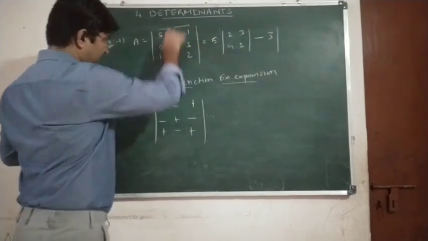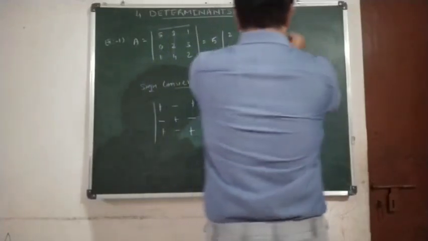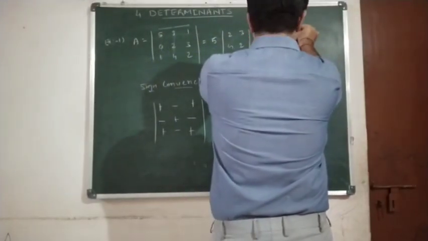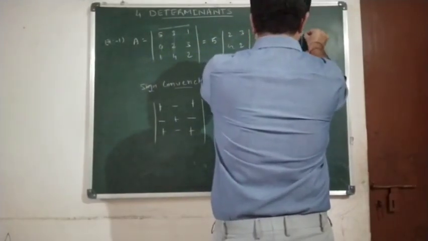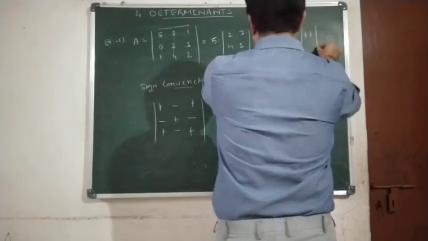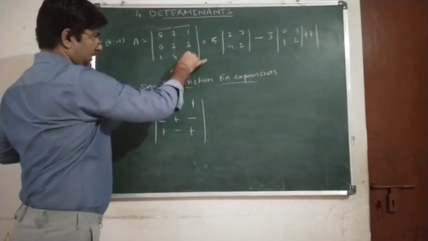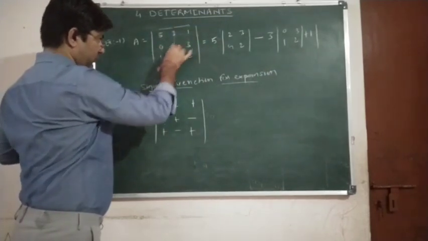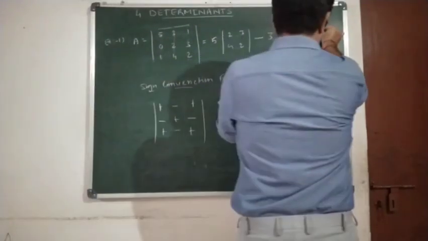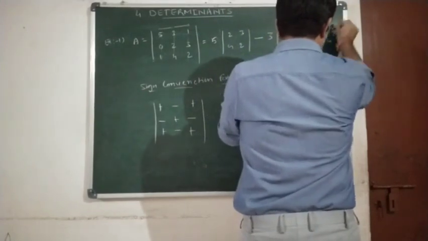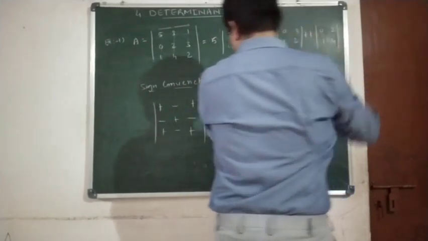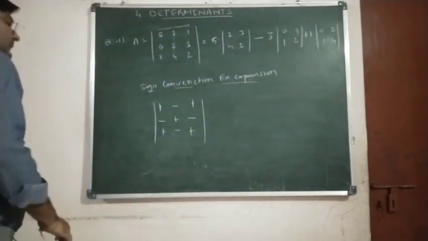So first row and second column. So you will get the determinant 0, 1, 3, 2. Again the third term is plus 1. Plus 1 into remove third column and first row. So 0, 2, 1, 4. Yes or no? And then we can simplify.